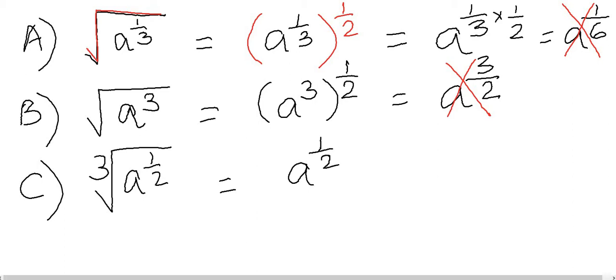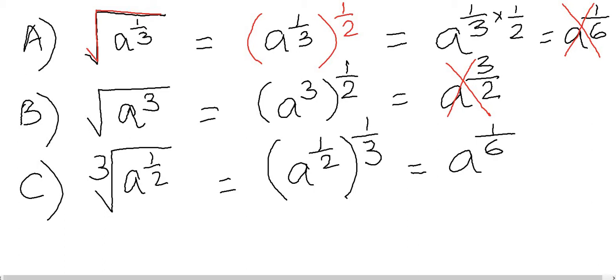And then the symbol of cube root becomes 1 over 3, because it's a cube root. And then again you multiply half times 1/3, you get a to the power 1 over 6. So that's the same as option A and is not the right answer.